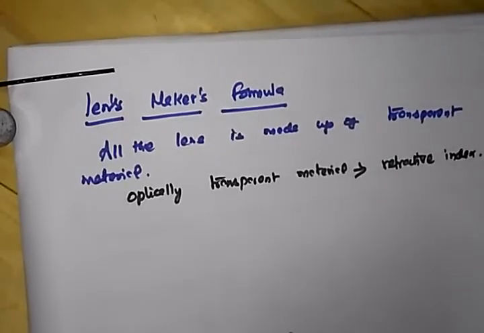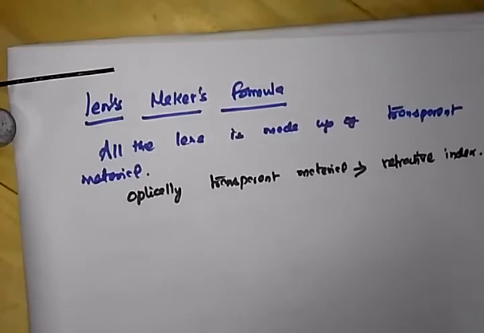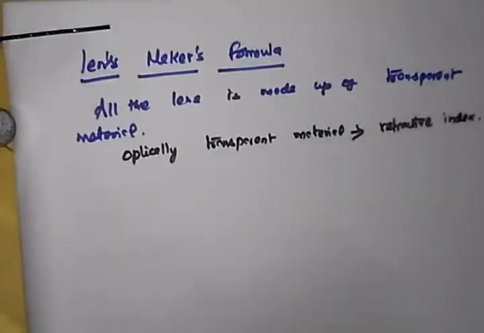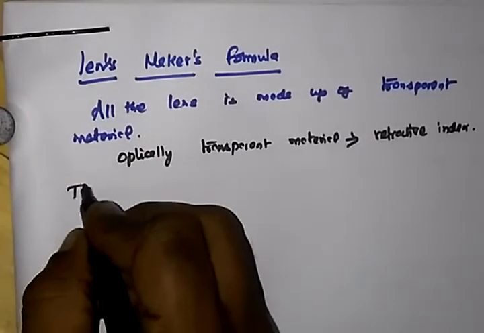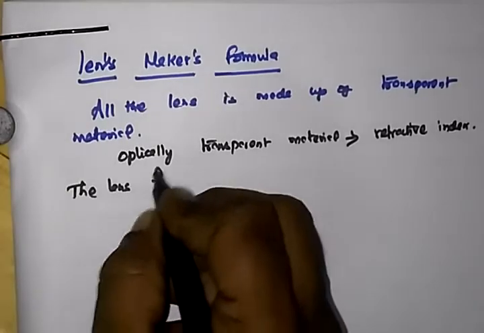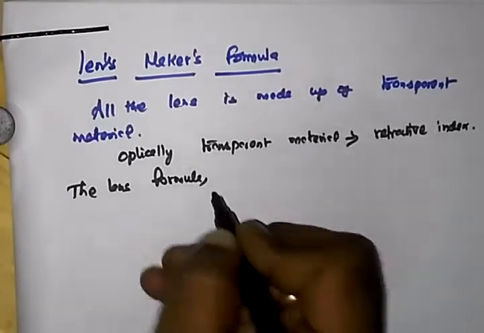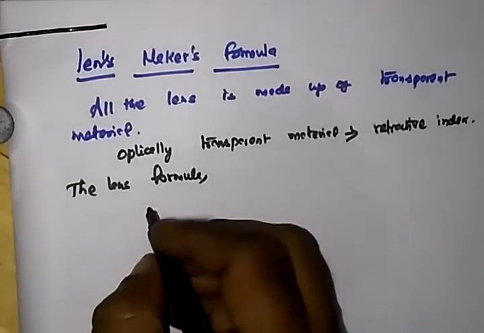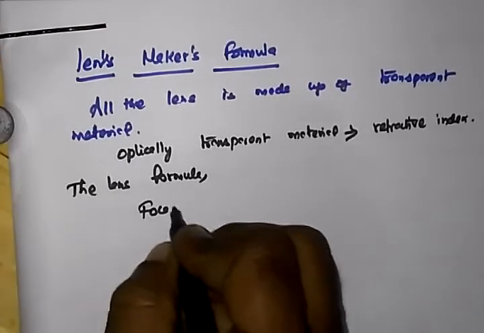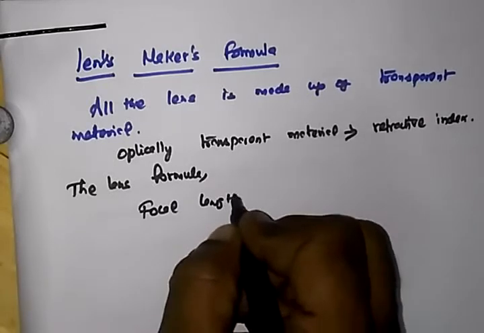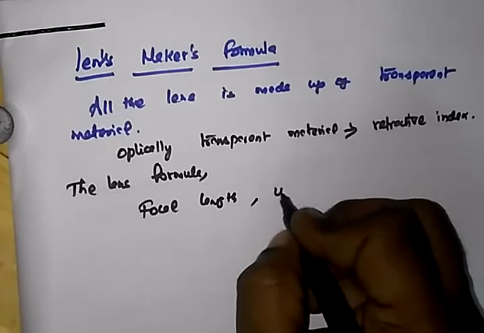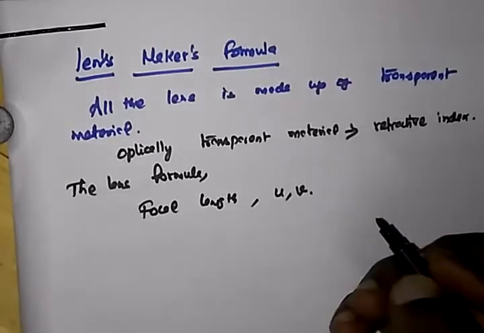Okay, the lens formula relates the focal length of lens with the distance of the object and the image. So previously we have seen the lens formula relates the focal length of a lens, the distance of the object and the distance of the image.